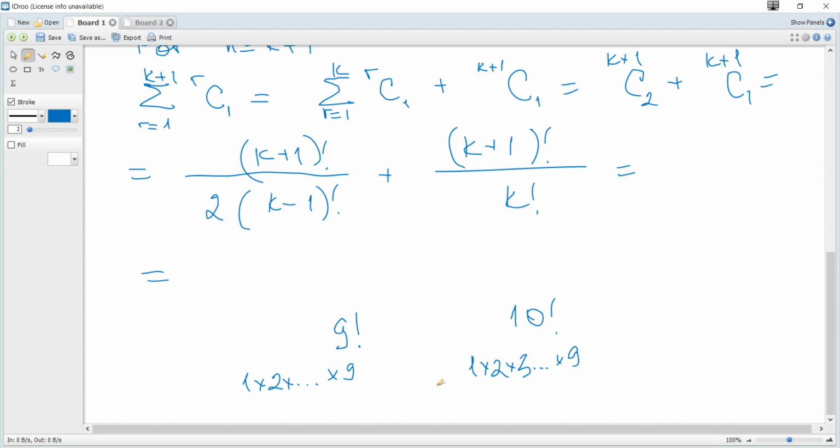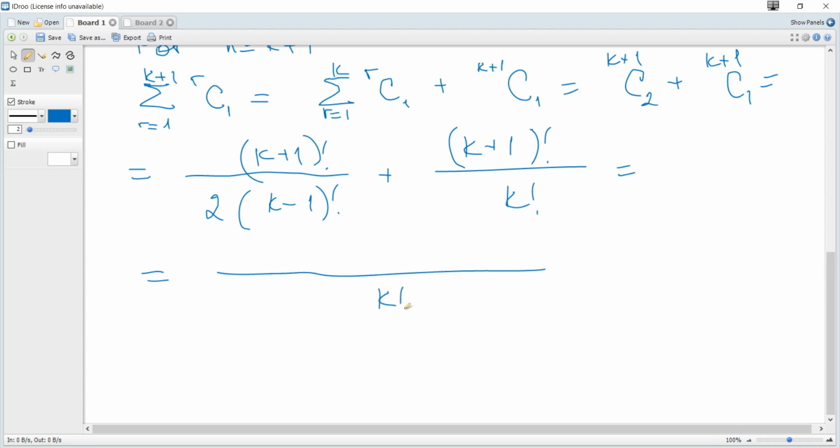So the least common multiple, and hence the common denominator, becomes just k factorial. It's for this and for this, and definitely we should include this too. So for this the additional factor is what? It's just k multiplied by k.